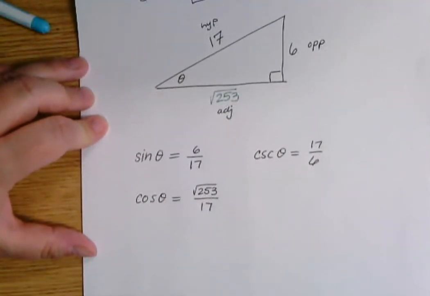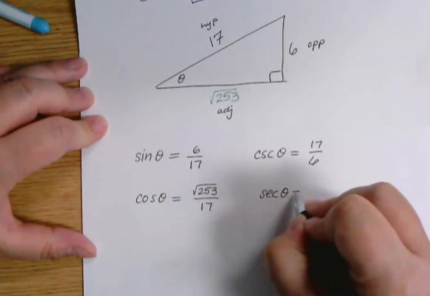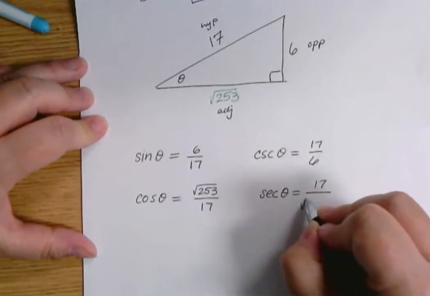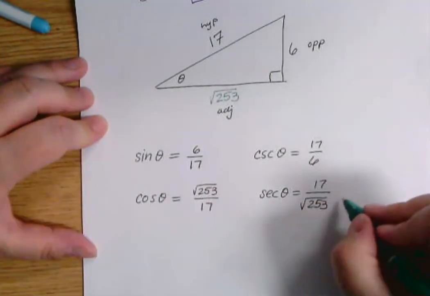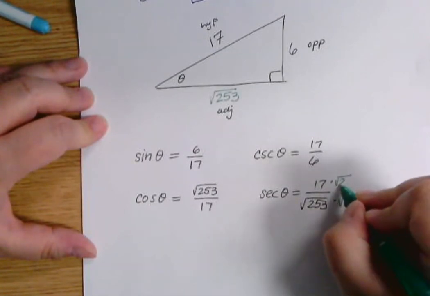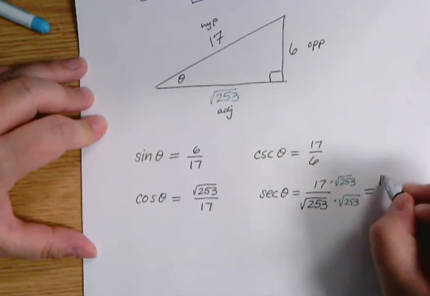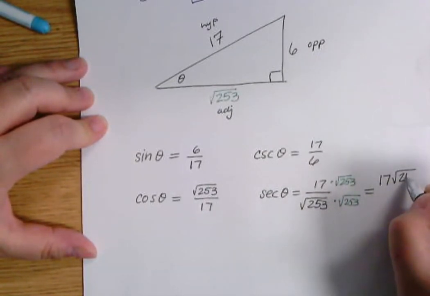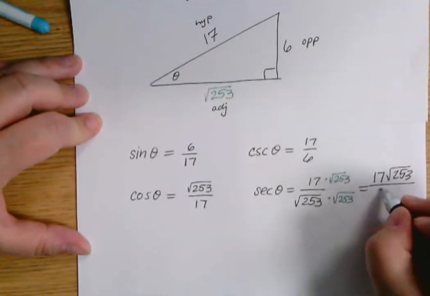That's all very fine and well, but when I flip that for the secant, I'm going to have to rationalize it. I can't leave a radical in the denominator, so I multiply by that radical on top and on bottom. And my value would be 17 times root 253 all over 253.